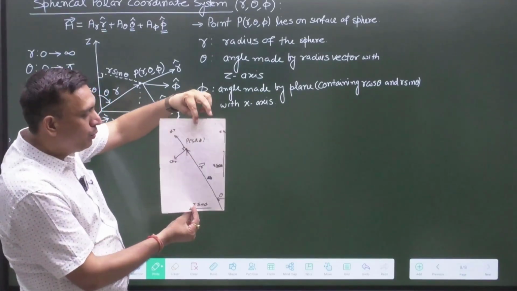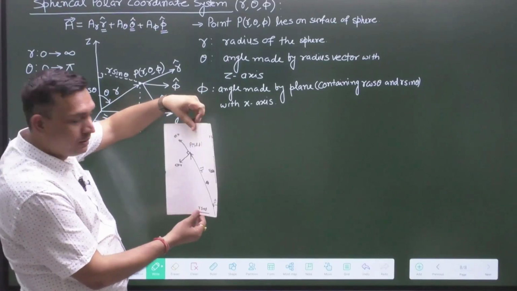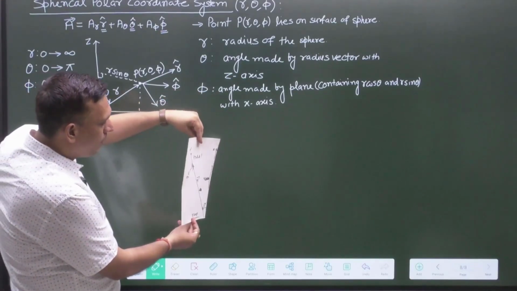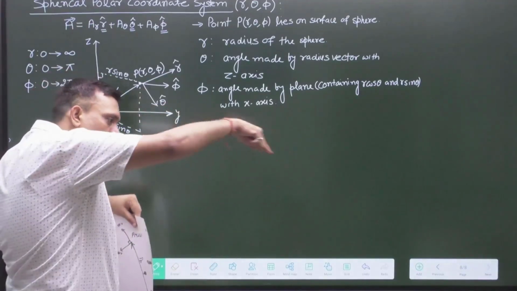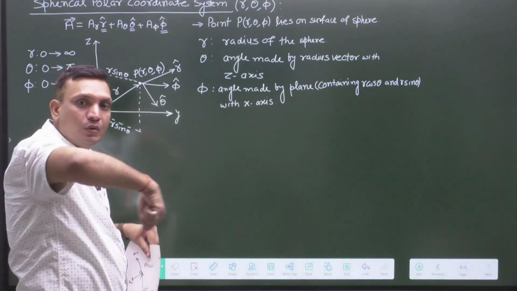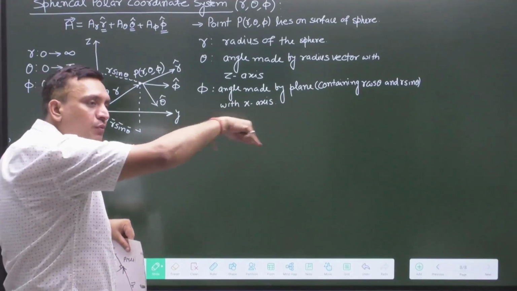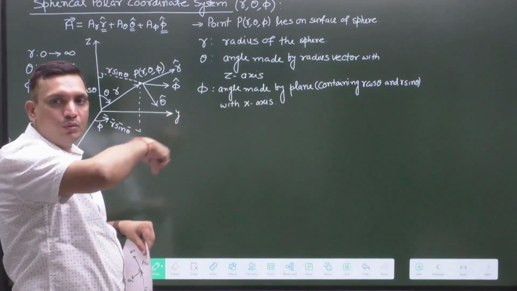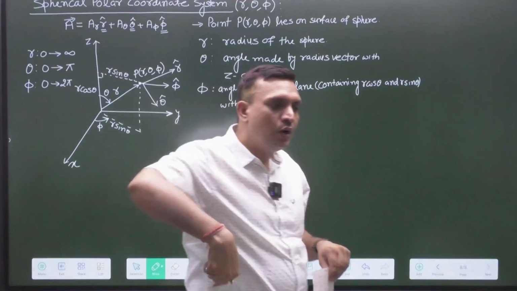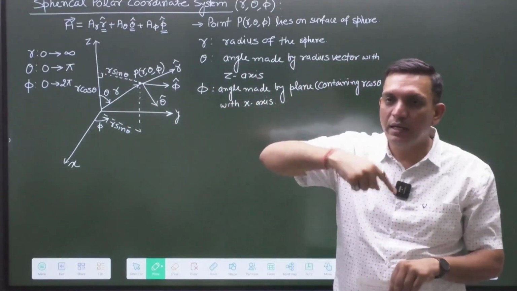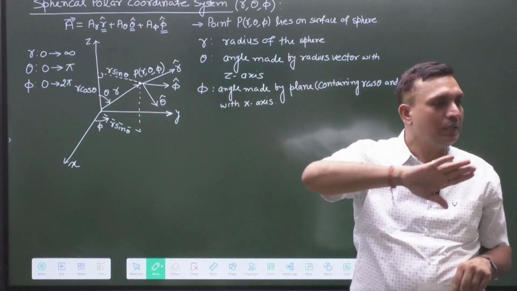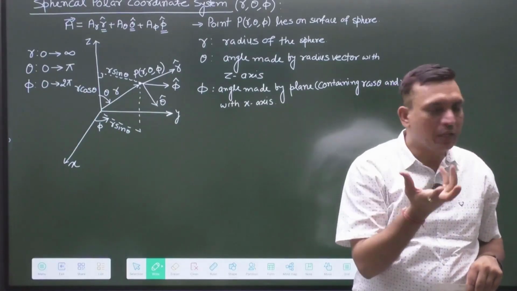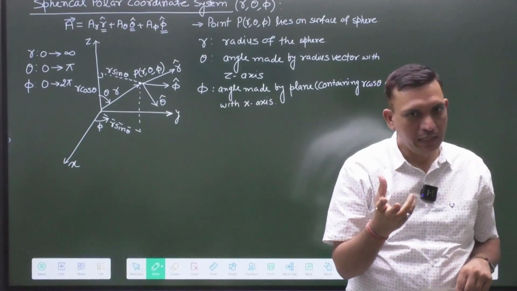So you have to rotate this, starting with 0, pi by 2, then pi, 3 pi by 2, 2 pi. You have to cover the whole circumference. So that's why phi varies from 0 to 2 pi. If you want to cover the whole sphere, you vary phi from 0 to 2 pi and theta from 0 to pi. Clear?